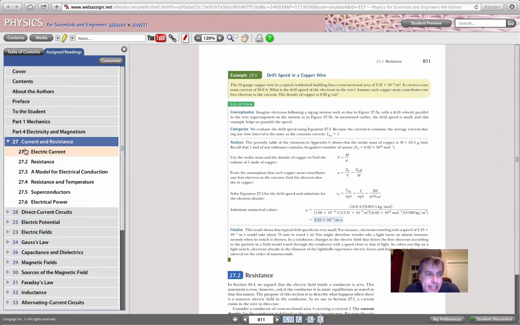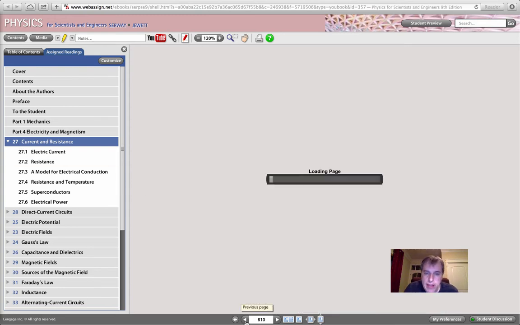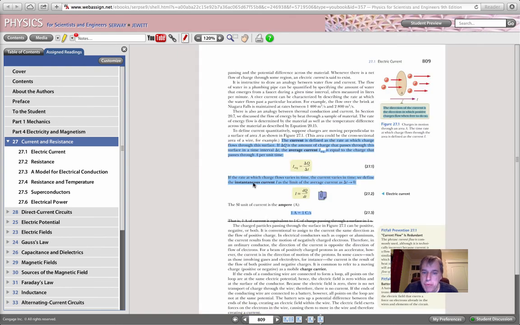And notice another thing is that the first chapter on electricity is chapter 23, but I've changed the order. We're not following the order of the book. So I've put chapter 27 on current and resistance as the first chapter. Okay, and in that chapter, I've put some comments, I've deleted some lines, I've added some extra comments and so on.